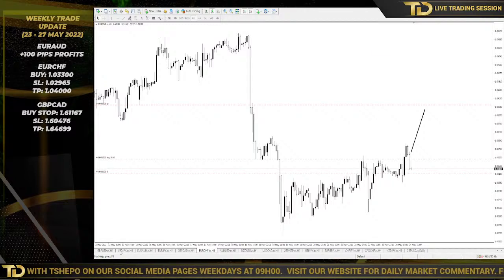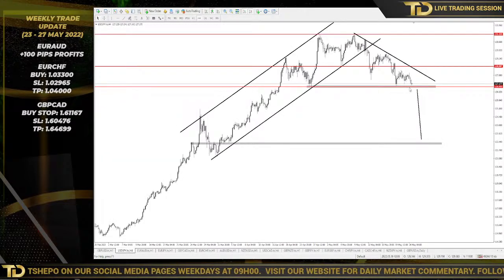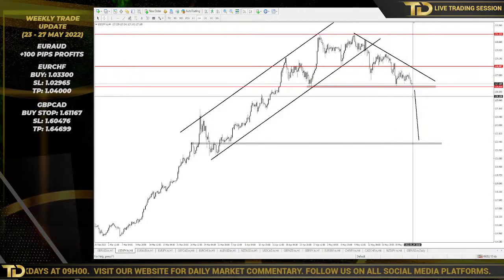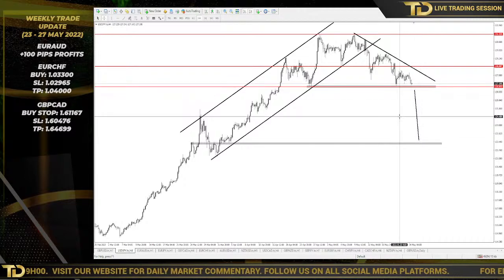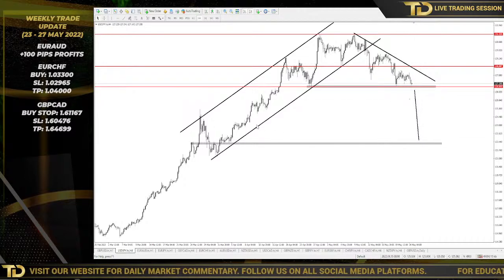So USDJPY has just been moving slow, but keeping an eye on this trade idea, looking for a break and a retest before we go down.